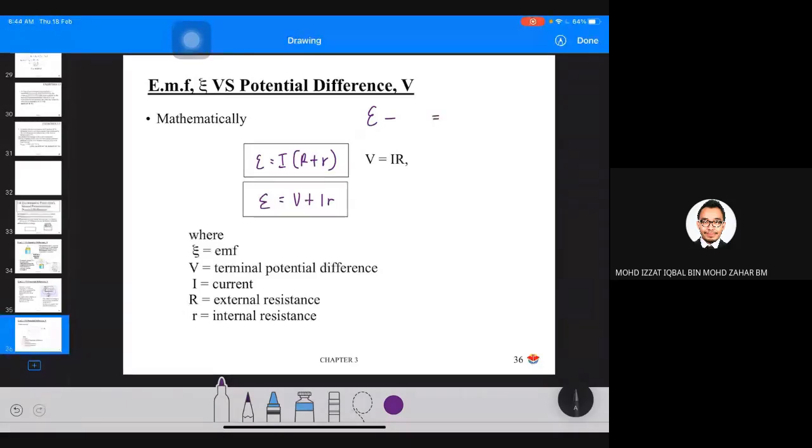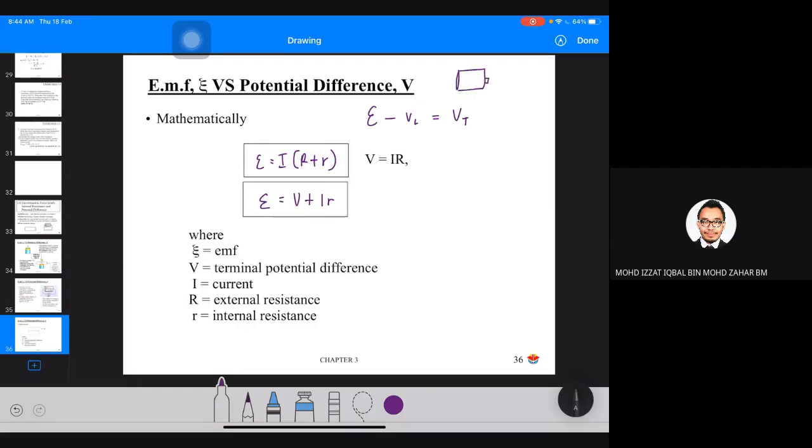V equals to IR, so I can replace this one with I and r. The reason why I use small r is because we are talking about internal resistance. Okay, voltage terminal outside here is actually will be the same with the one across the resistor out here.